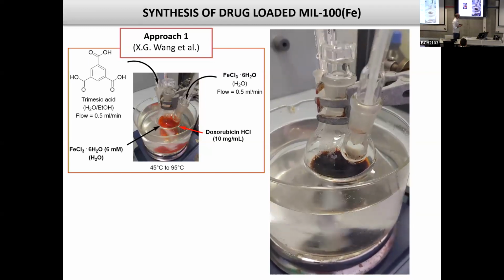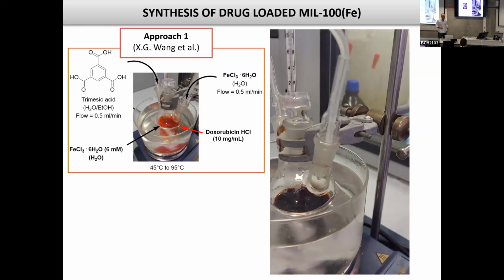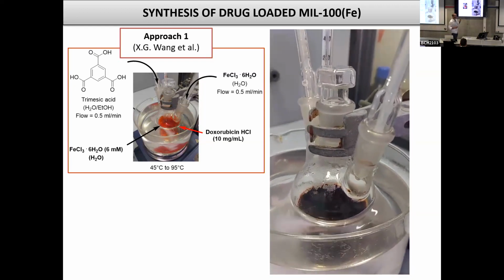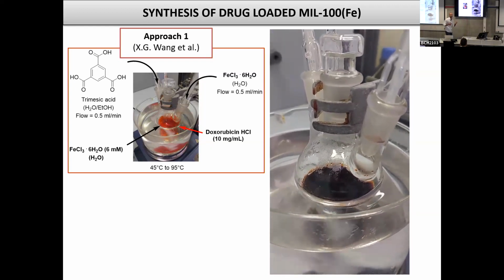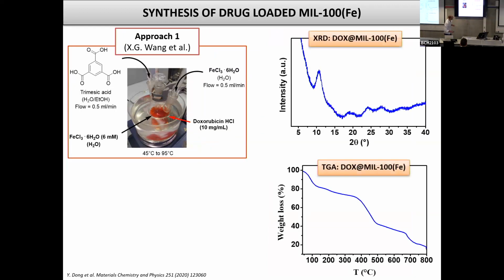I performed the synthesis up to the complete addition of the two reagents. And interestingly, this darkening is due only to the formation of a complex between doxorubicin and iron. Because after synthesis, we obtained the crystal structure of MIL100, and thermogravimetric analysis also confirmed this structure and a higher percentage of organic moiety due to the presence of doxorubicin.